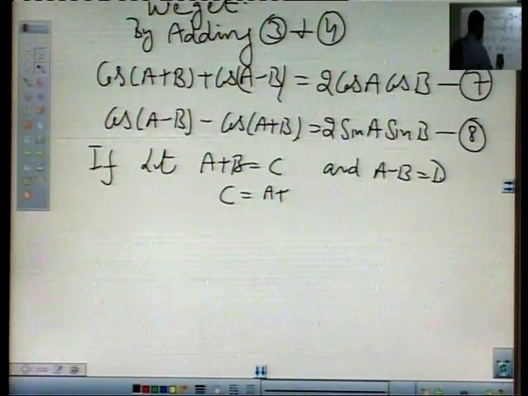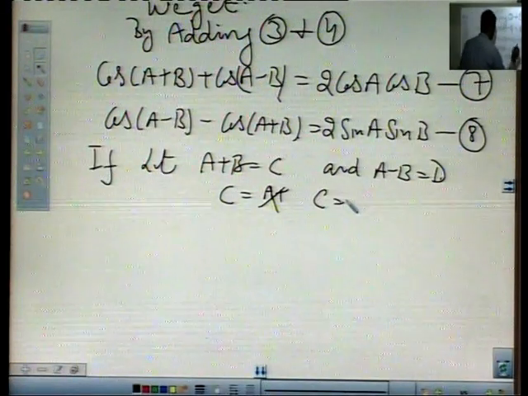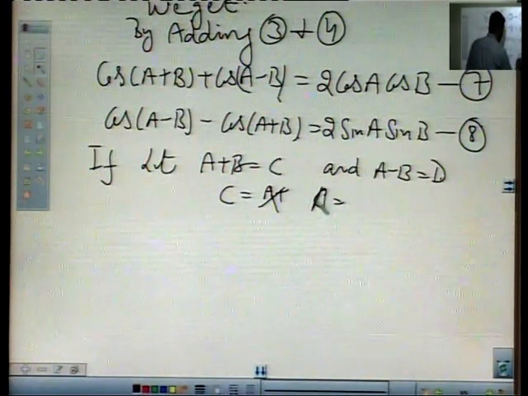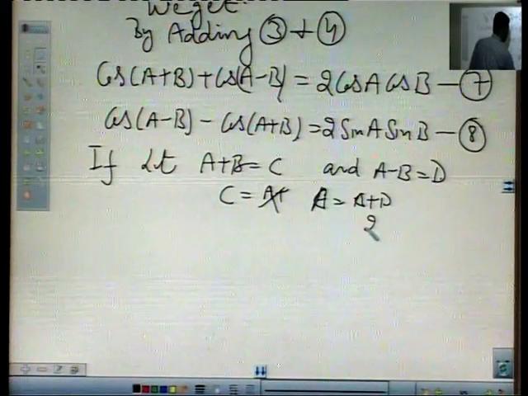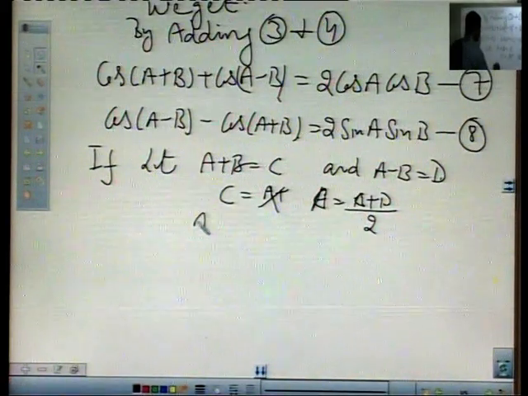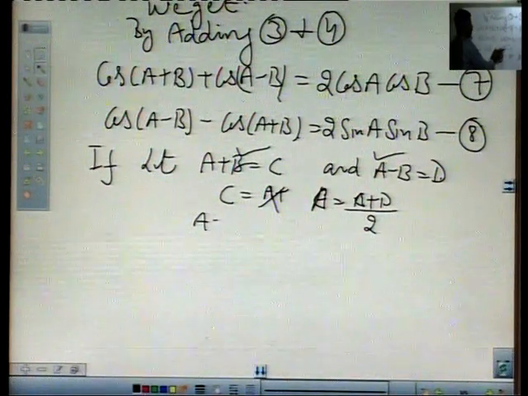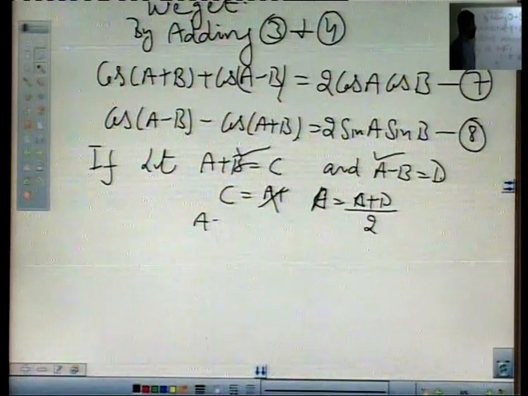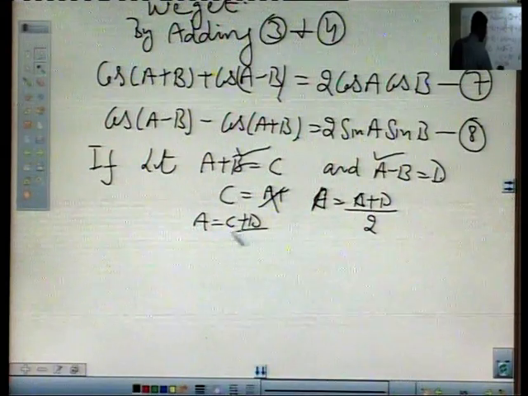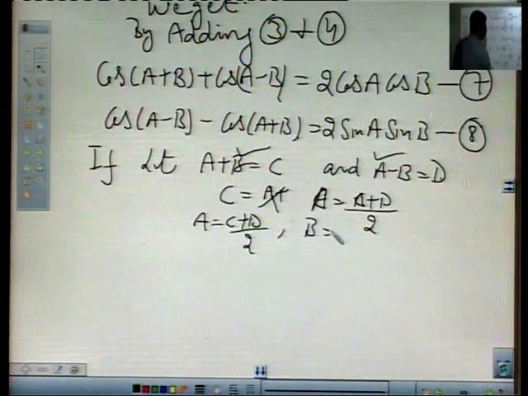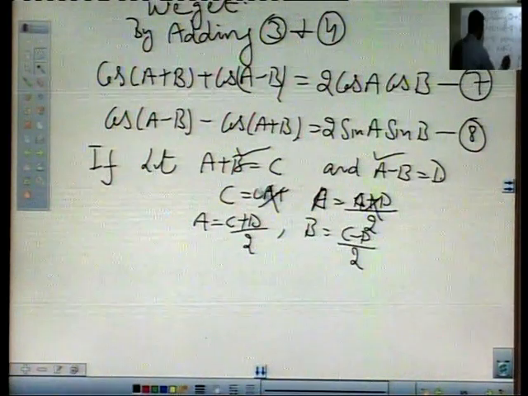If you add these two equations, the value of A is C plus D by 2. Similarly, the value of B is C minus D by 2, right.